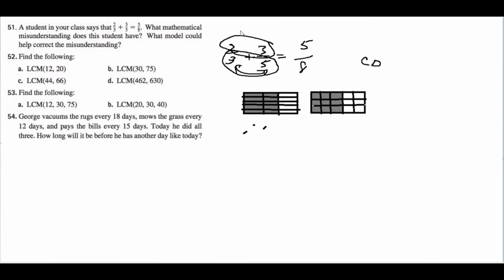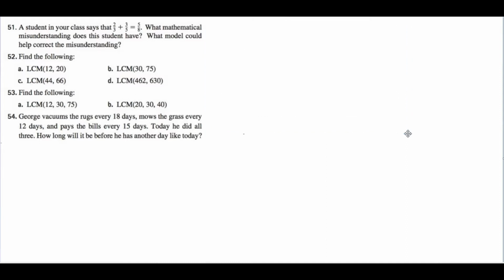When we look at 52, you notice the least common multiple is basically what we need to solve a lot of problems. If we were looking at 12 and 20 as fractions, that's what we would be looking at. We were looking at 1/12 plus 1/20. We would need the least common denominator, so we would need the least common multiple.